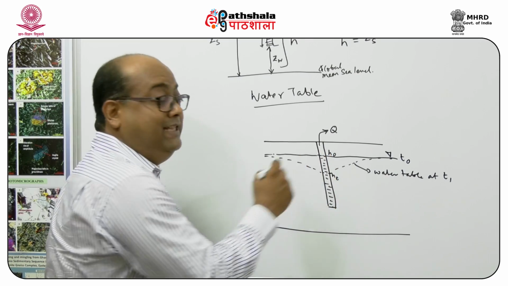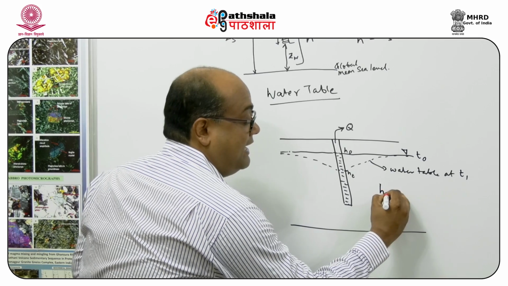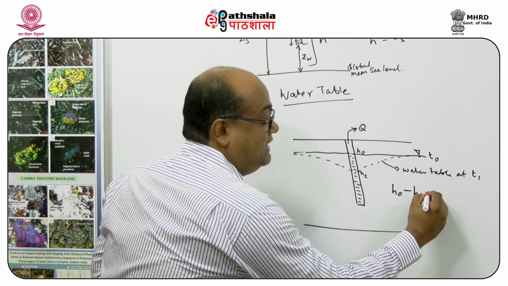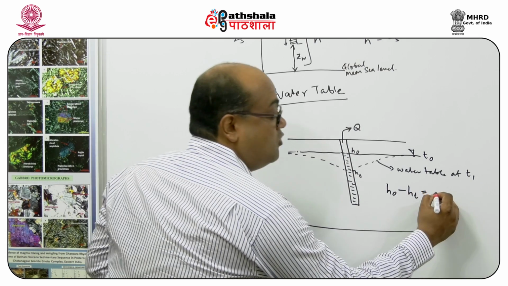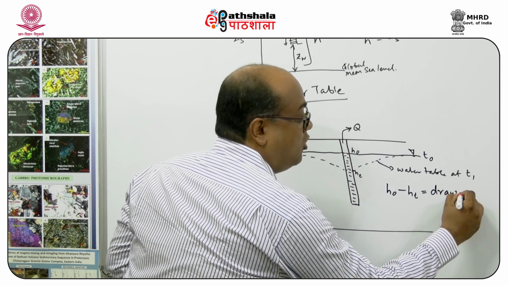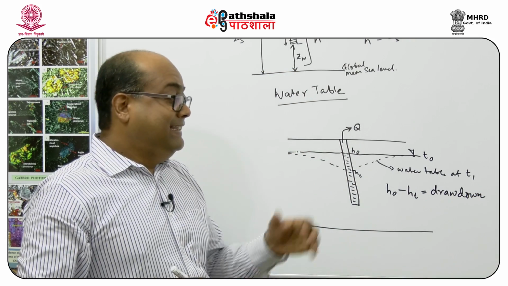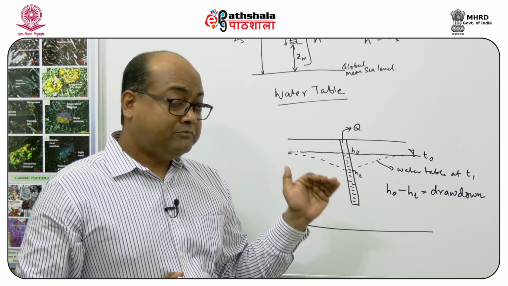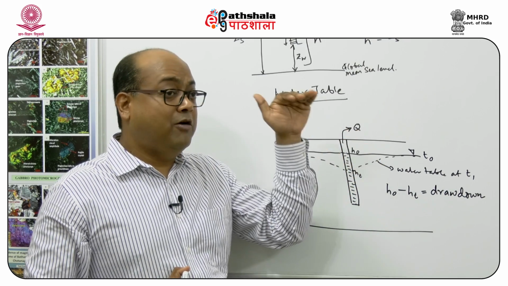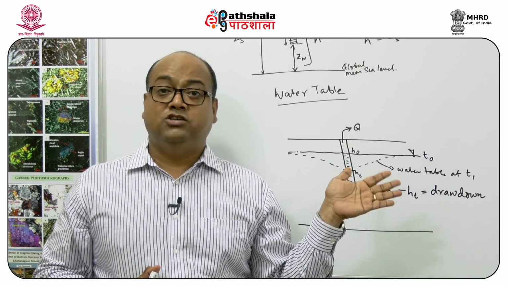The difference between these two water tables due to pumping is H0 minus HT. There is a specific term used to quantify this, which is known as drawdown. The change in the level of water in a well, from before pumping to after pumping, is known as drawdown.